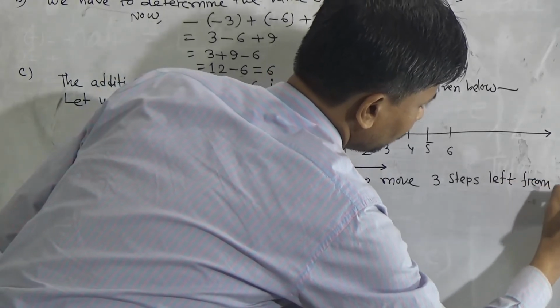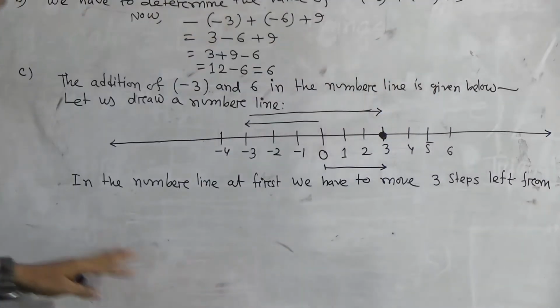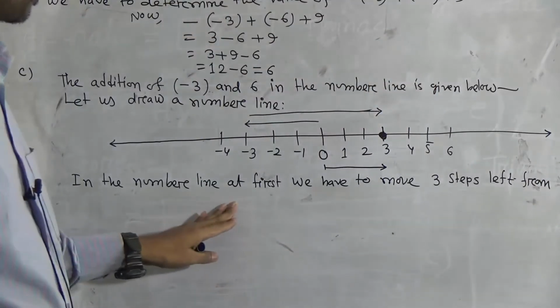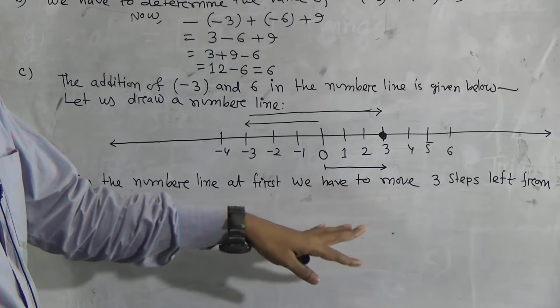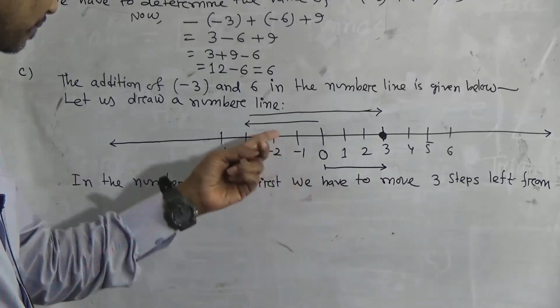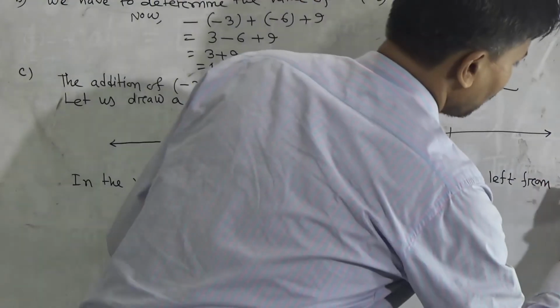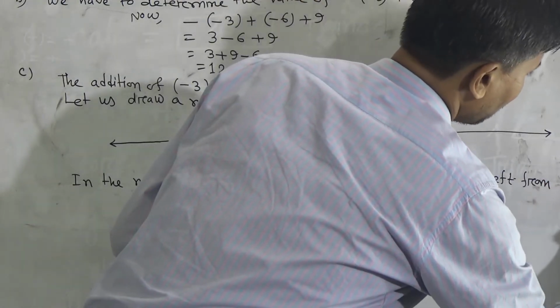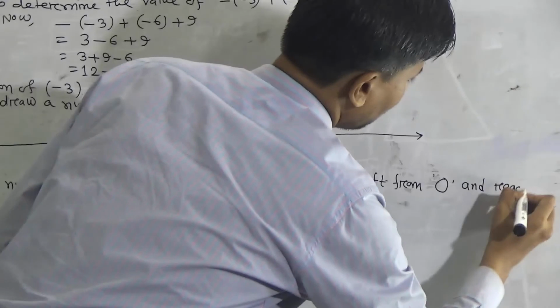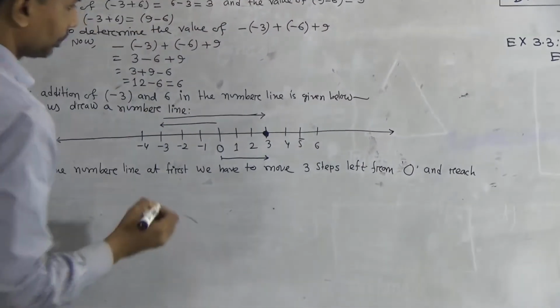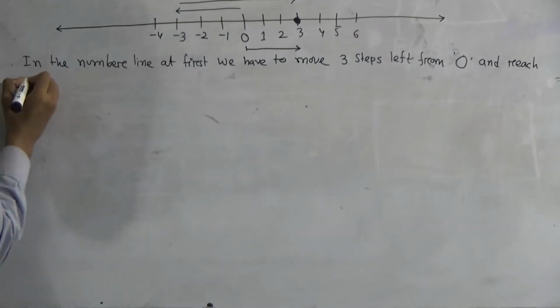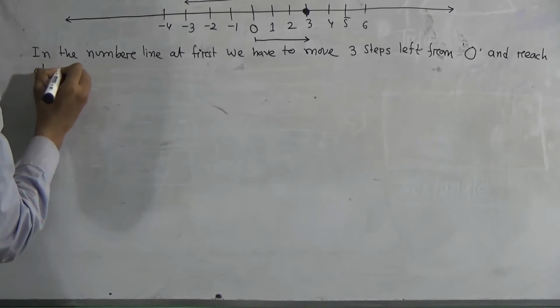From 0 on the number line, at first we have to move 3 steps left. Look, 3 steps left from 0 and reach at -3.